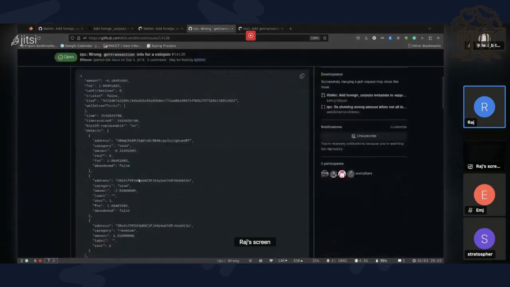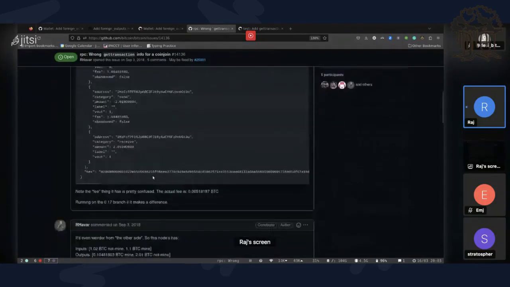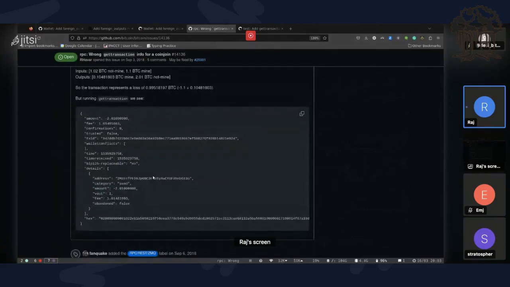The reason it happens, as the issue claims, is basically we don't have a correct way of denominating which inputs of the transactions are ours and which inputs are others, and that has some implications on the way fees are calculated for this field and this field.